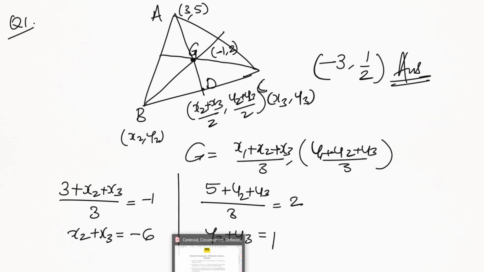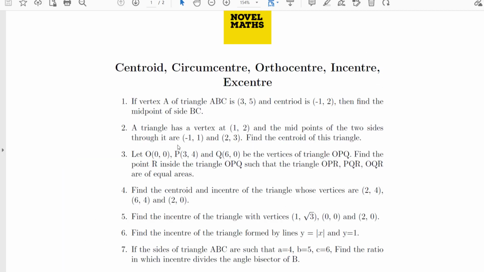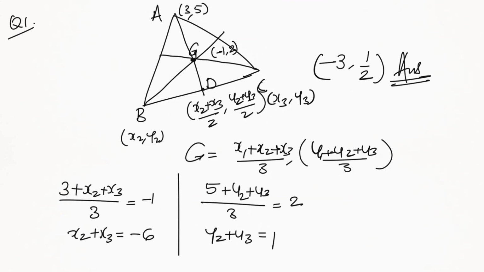Let's try the second question. A triangle has a vertex at 1, 2 and the midpoints of the two sides through it are -1, 1 and 2, 3. Find the centroid of this triangle. Question 2, and we don't need any additional concept. The formula of the centroid is good enough. So one point is given, that is 1, 2.